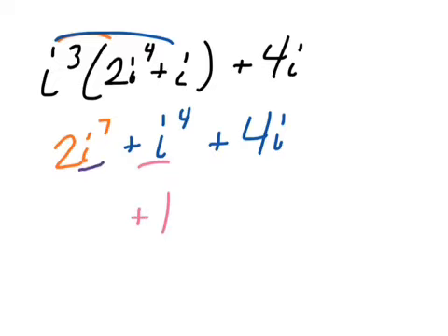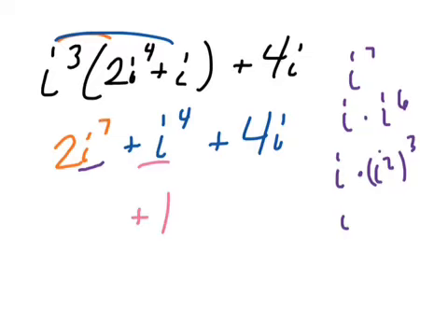i to the seventh power, we could simplify this. i to the seventh power is actually i times i to the sixth, which is i times i squared to the third power, which is i times negative 1 to the third power, which is i times negative 1, which is negative i.